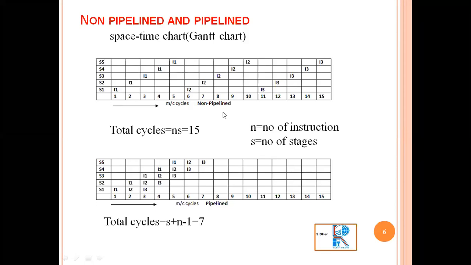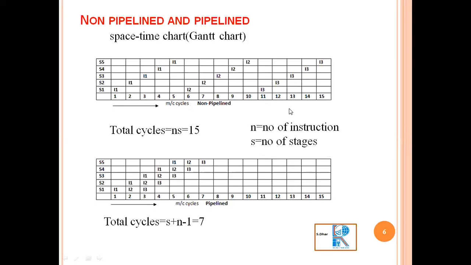Now if I use a non-pipeline processor, see what is the total number of cycles required. As there are 5 stages, for I1: 1, 2, 3, 4, 5. 5 stages are required for I1. Then again 1, 2, 3, 4, 5, 5 stages are required for I2. And again 1, 2, 3, 4, 5, 5 stages are required for I3. Just like the laundry example.